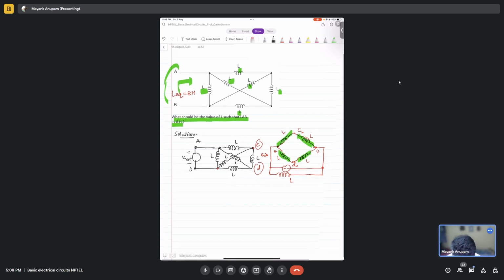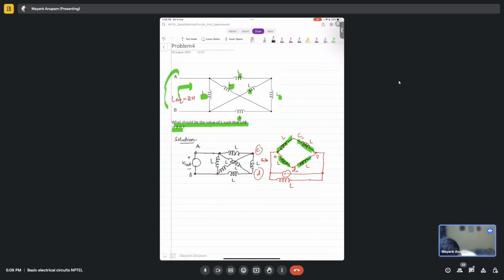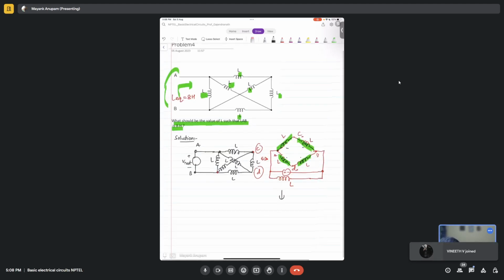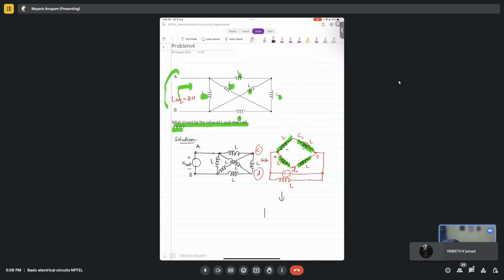Fine. So now tell me what will happen when I do this. Now it is very easy to look at, right? So between A and B, what is the equivalent inductance? This L and L are in series. This L and L are in series. So 2L and 2L will be in parallel, right? Are you following me?